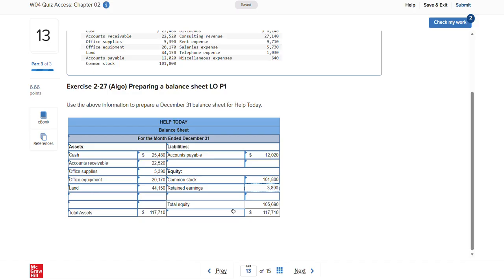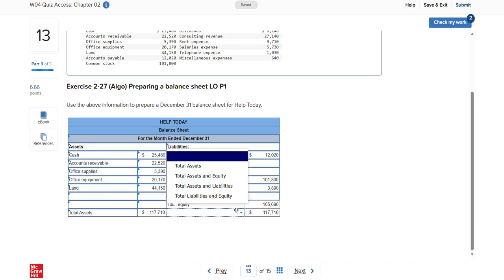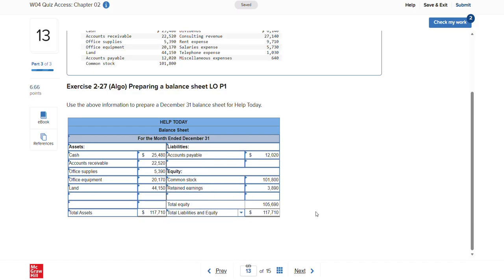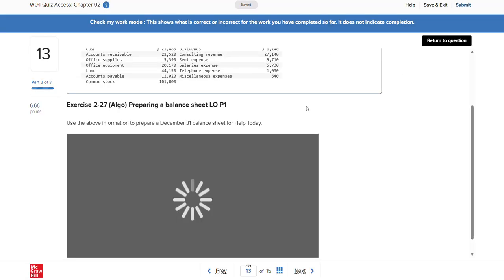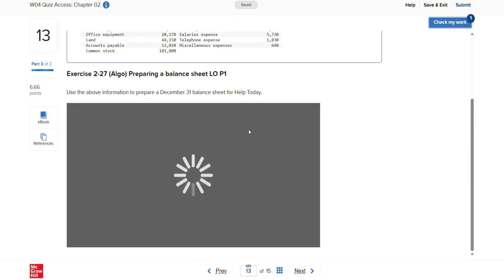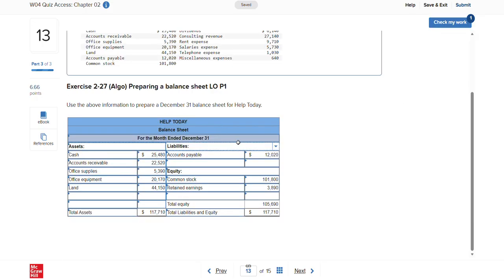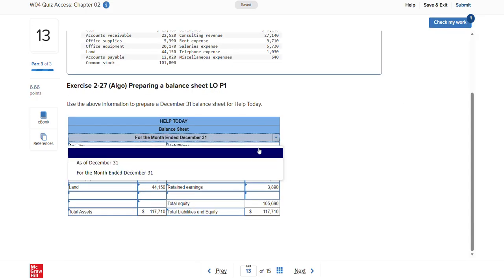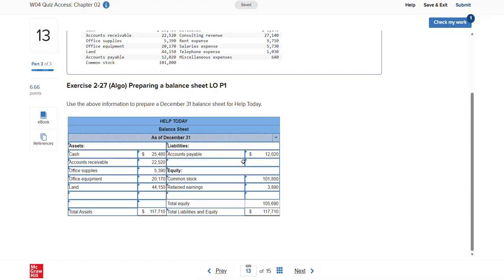So that would equal total liabilities and equity. Thank goodness we get to check this. As of December 31, because it's covering the whole expenses throughout the month.